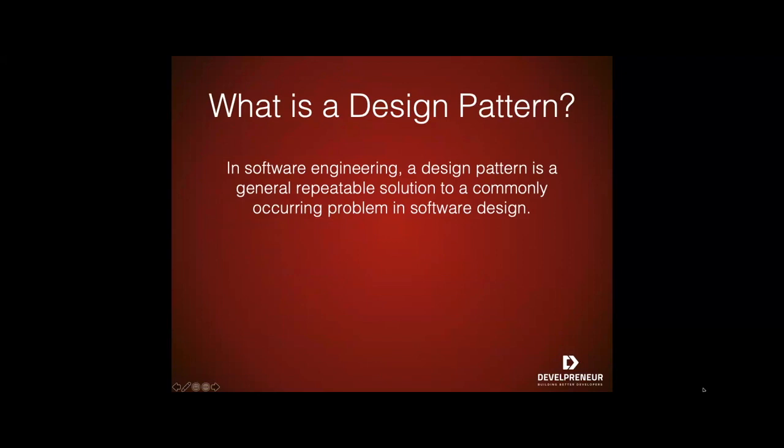In software engineering, a design pattern is a general repeatable solution to a commonly occurring problem in software design. Design patterns are not a finished design that can be transformed directly into code. It is a description or template for how to solve a problem that can be used in many different situations.